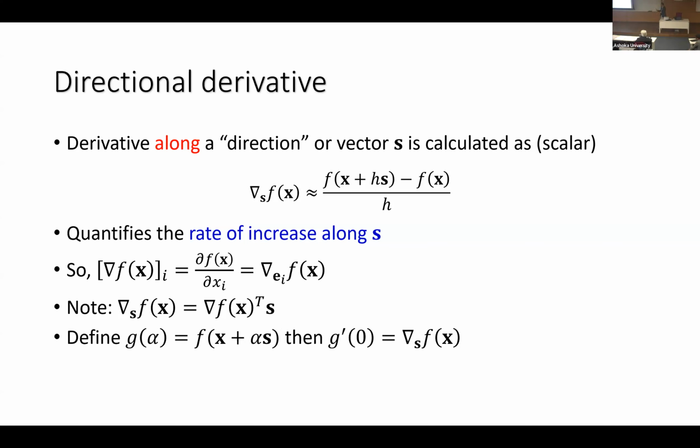Another way of writing, just another way, there are lots of different alternative ways. If you are confused at any of this, just try to read it and relate all of them together. So g(alpha) is f(x plus alpha s). And then g'(0), if you evaluate, you just apply chain rule, you will get the directional derivative along s. So derivative of g with respect to alpha calculated at alpha equal to 0.